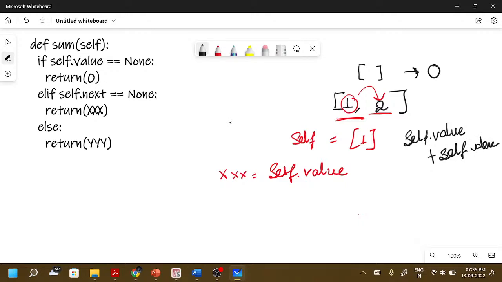If we are moving from 1 to 2, then we have to again call the sum and see if the next value is none. Till the next value is none, till we reach the end of the list, we cannot return. So we have to do a recursive call.